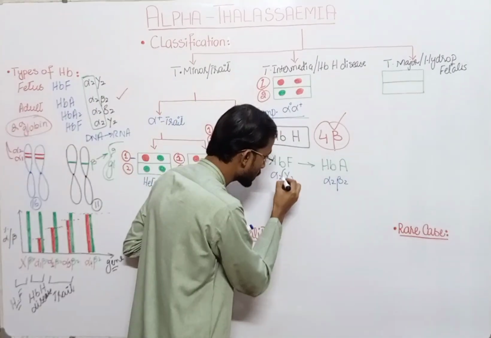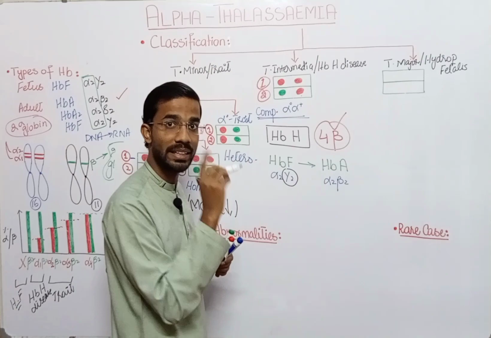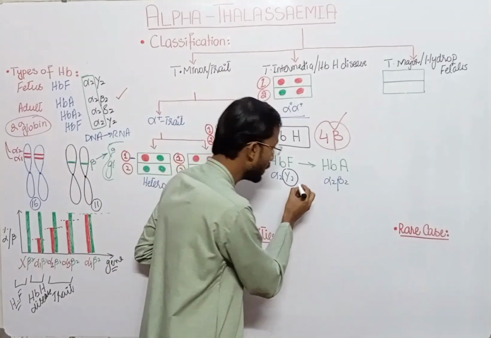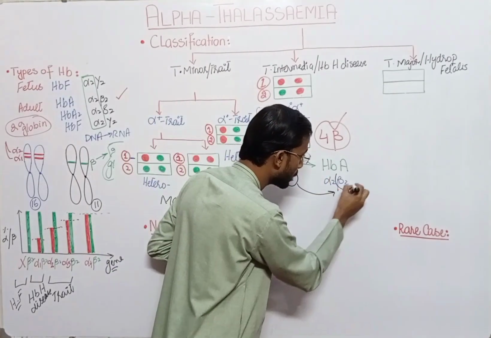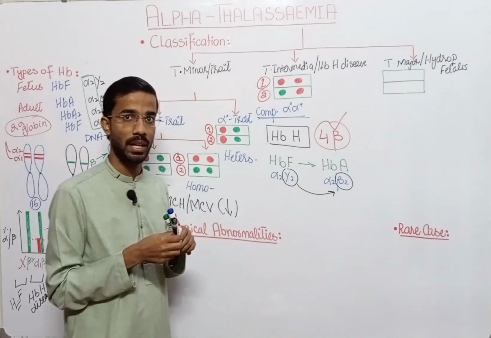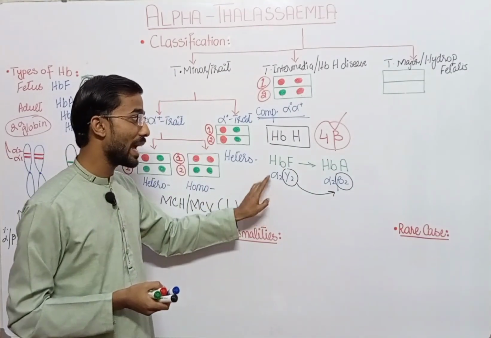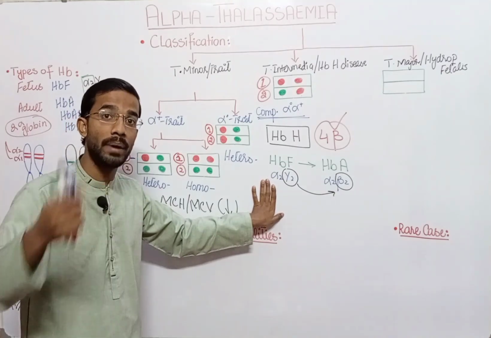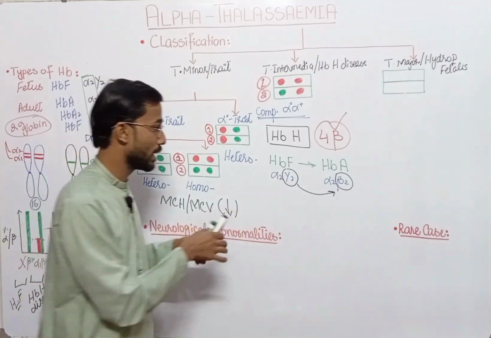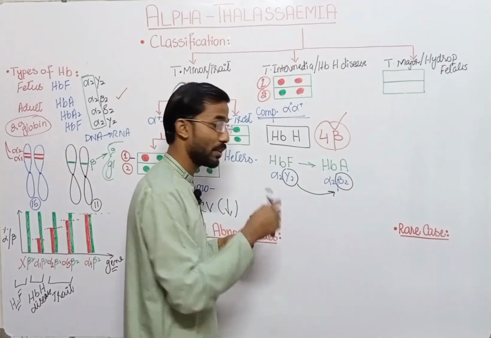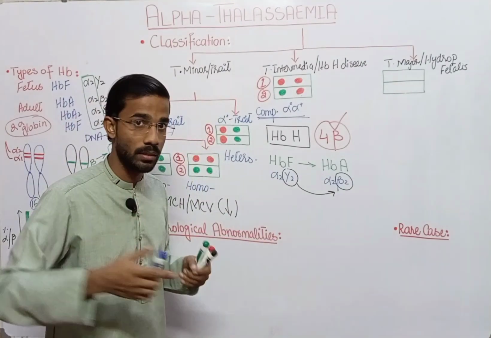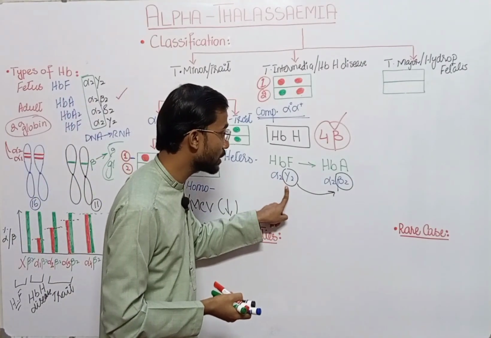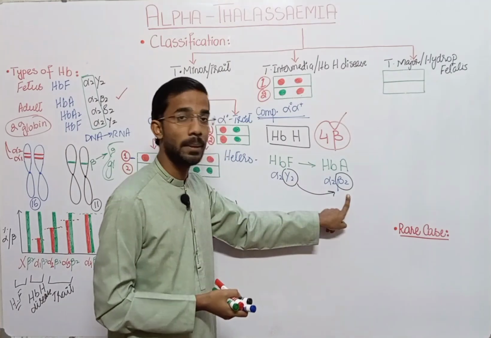Fetal hemoglobin has 2 alpha and 2 gamma, and adult has 2 alpha and 2 beta. We have also discussed in the previous lecture that the gamma globin chain converts into the beta globin chain. This conversion occurs in the first month after the birth of the baby.